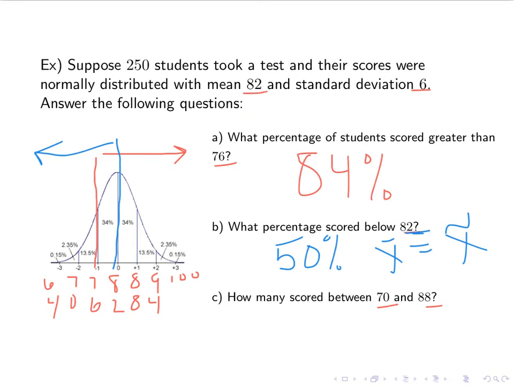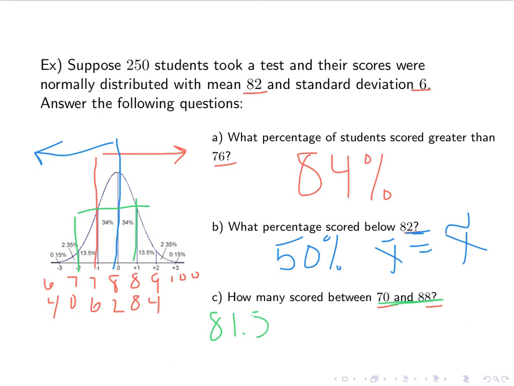Okay, so again, I'll change colors. And this one says how many scored between 70 and 88. So between 70 and 88, that is those 3 sections, the 13.5, the 34, and the 34. So the first thing I want to do is find the percentage. If I add up the 3 percentages, I will get 81.5%.